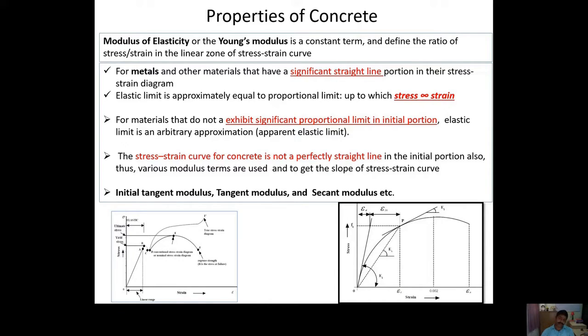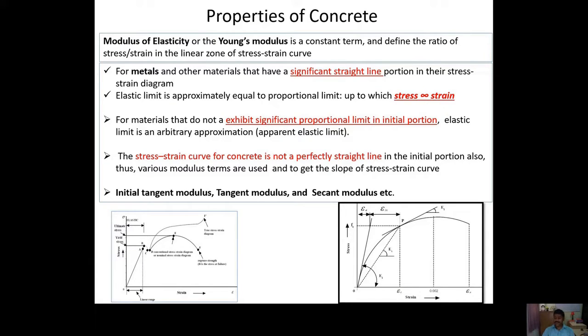In such cases, either you use the initial tangent modulus, or you will find many terms in the literature like the tangent modulus or the secant modulus. There is a basic difference between the initial tangent modulus and the secant modulus. We will see in the next slide what the basic difference is.